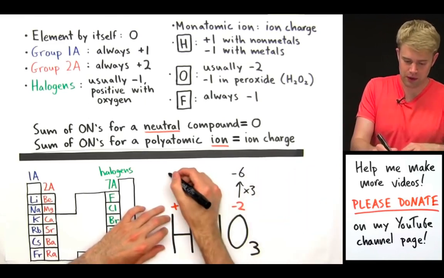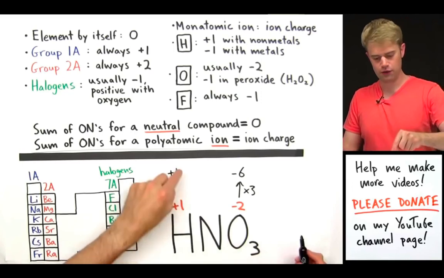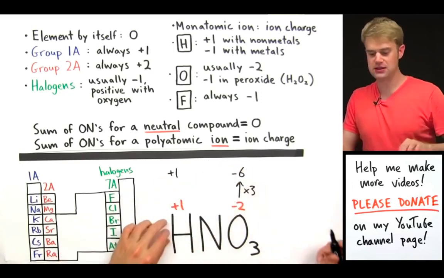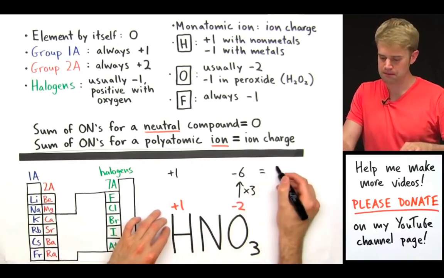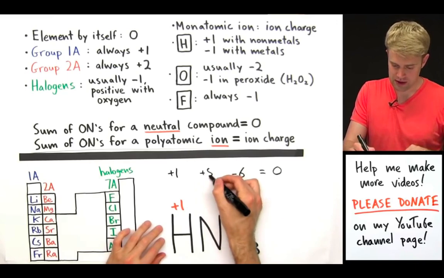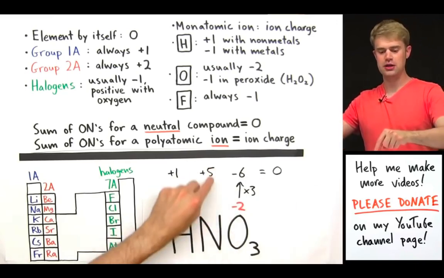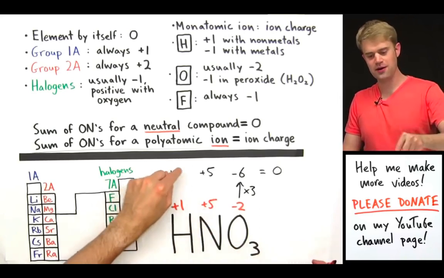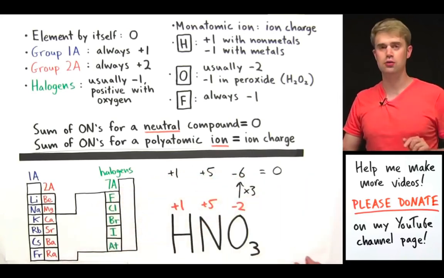Now we have +1 from the hydrogen plus whatever nitrogen is, -6 has got to give us 0 because this is a neutral compound. So in this case, nitrogen's oxidation number will be +5. 1 plus 5 minus 6 equals 0.